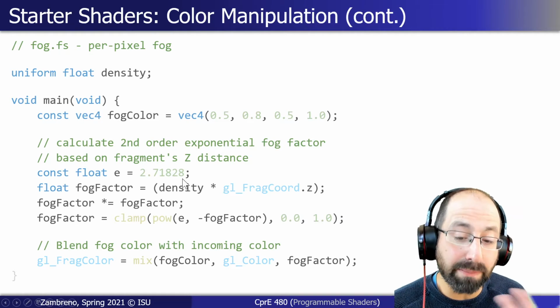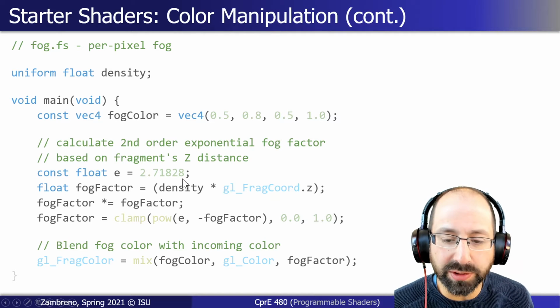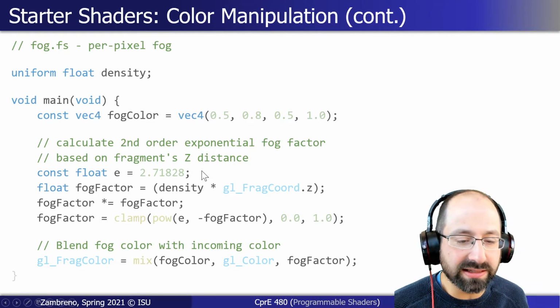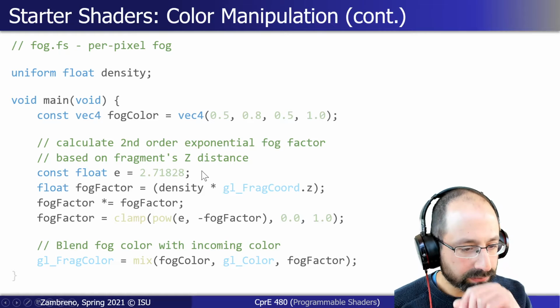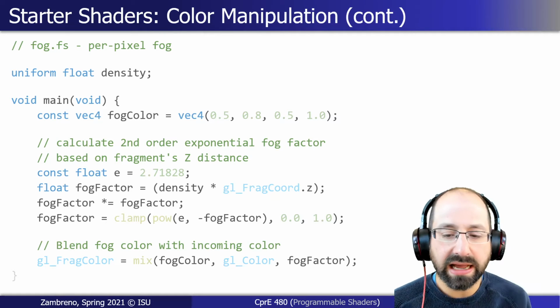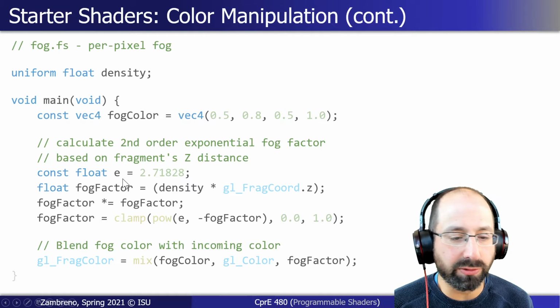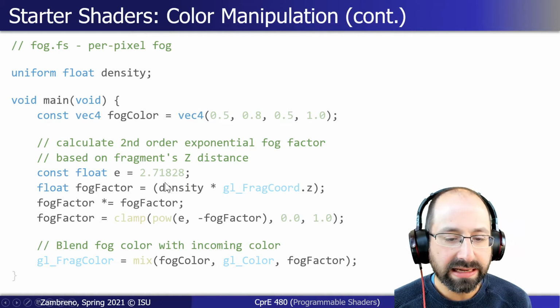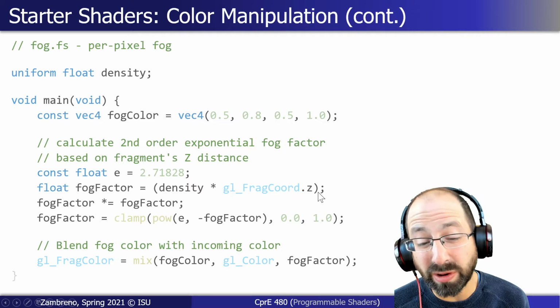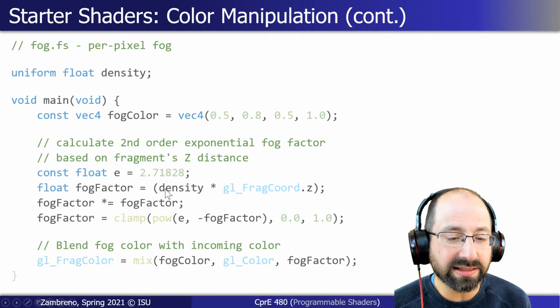So it's the same exact math that we used to have OpenGL calls to calculate. What is my fog distance and what is my fog density, which we could specify for each color channel. And we're calculating the second order exponential factor. So it's taking that value based on how far away the object actually is in our fragment, in our pixel space here, squaring that, and then taking that power e to the negative value.